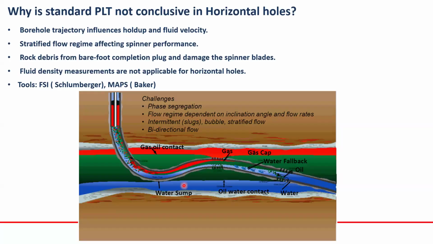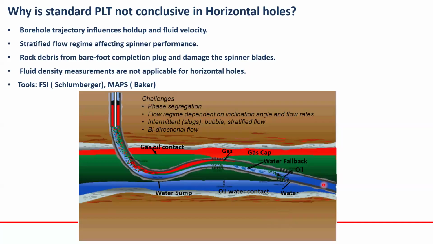Stratified flow regime affects spinner performance. Why? Because in a vertical hole, the spinner is perpendicular to the flow direction. But here the spinner is not perpendicular, and you have three phases at the same time. Rock debris from barefoot completion plugs and damages the spinner.